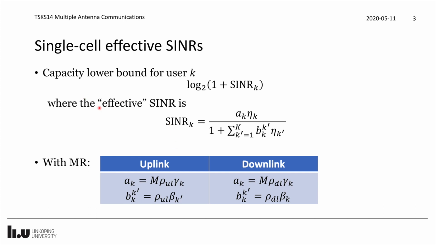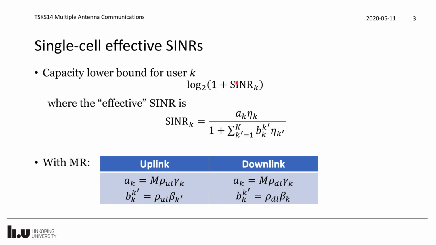And we call this an effective SINR because we are getting a capacity lower bound that looks very similar to the capacity of an additive white Gaussian noise channel, where we have this value here as our signal to noise ratio.